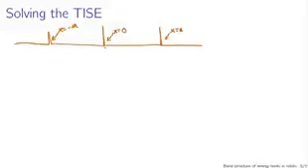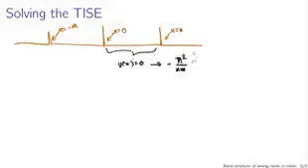and in regions, say, there, the potential V of x is equal to 0, which means our time-independent Schrödinger equation is just going to be the free particle equation, minus h bar squared over 2m times the second derivative of psi with respect to x is equal to E times psi. You know what the solution to this is. We've done the free particle case many, many times.